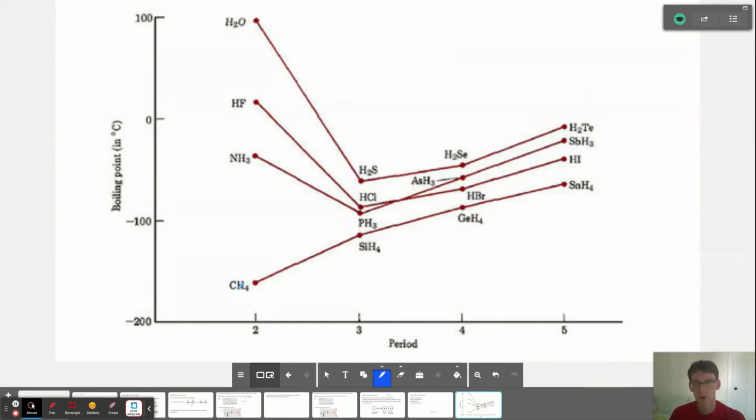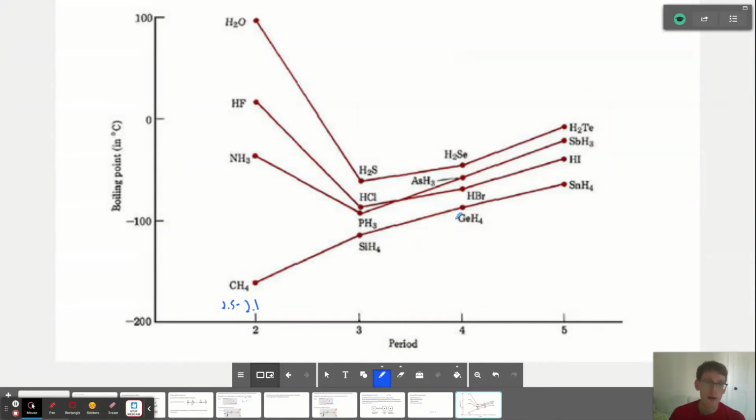This is not a polar enough bond. And so because there's no hydrogen bonding, all you have are dipole-dipole interactions and dispersion forces. There's very, very low dipole-dipole interaction. I want to say it's 2.5 is the electronegativity of carbon, 2.1 for hydrogen. So the difference is very, very low.